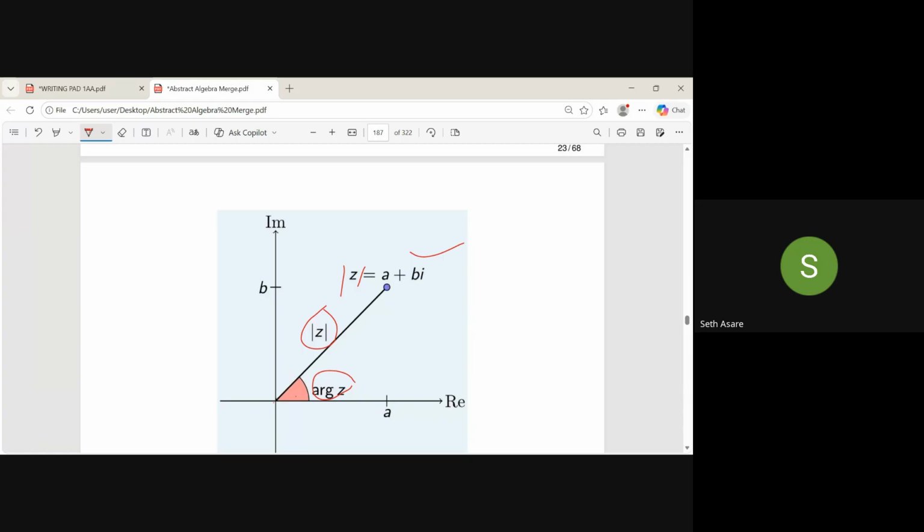The arg of Z. Remember, this x is the real part, and the vertical is the imaginary part. This side will be the negative of the real, the down will be the negative of the imaginary, depending on where the complex number lies in the plane.